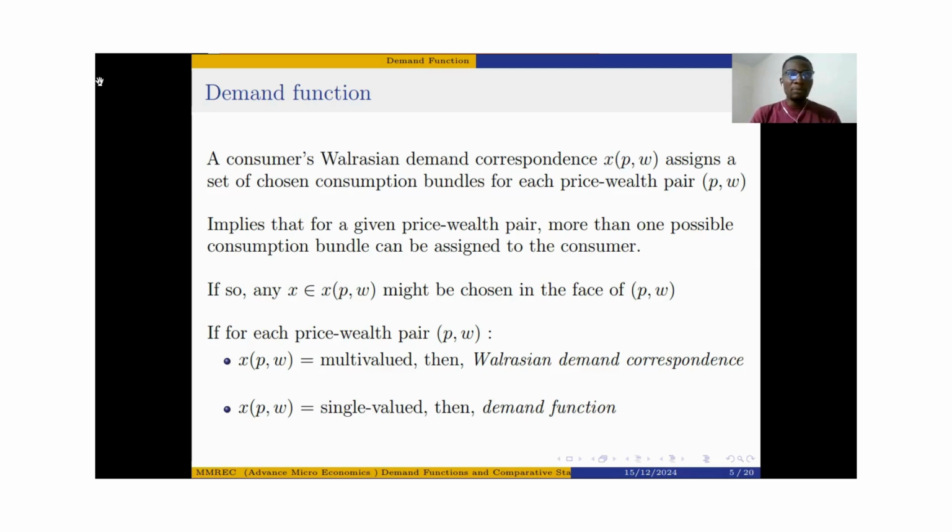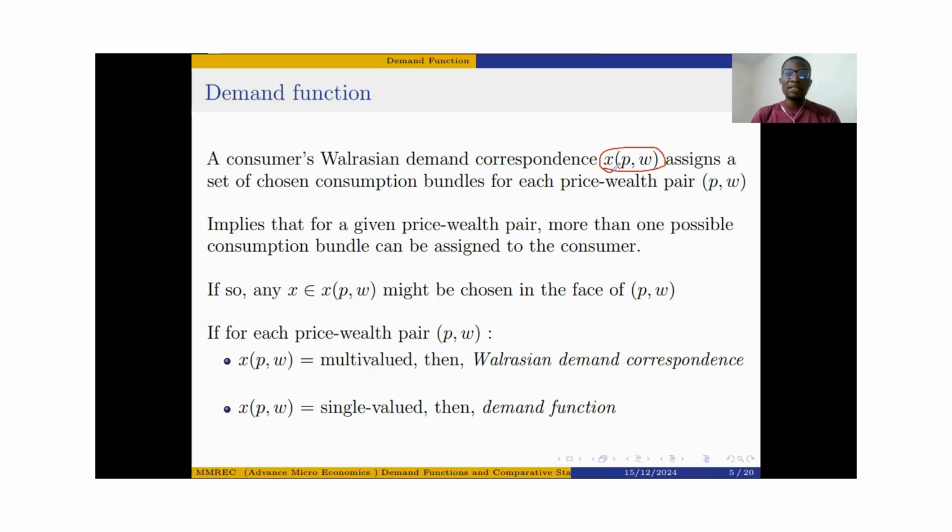Now, to just jump into it, we are saying that the Walrasian demand correspondence, which flows from the preference-based approach, suggests that for every price and wealth pair that is available to the consumer, the consumer has the choice of making several bundles that would exhaust these budget constraints.